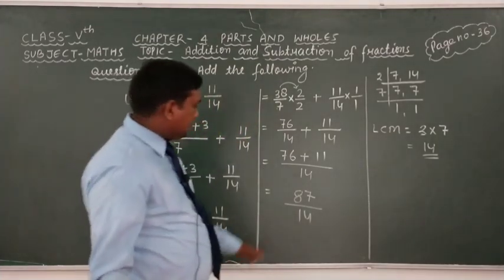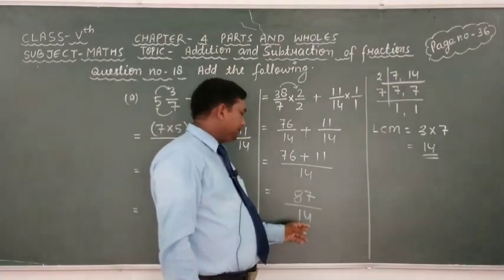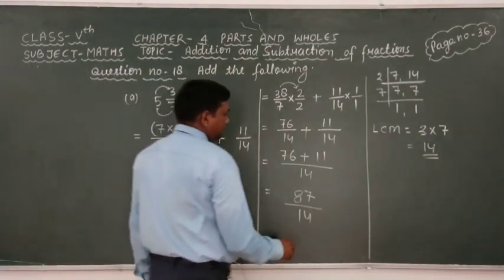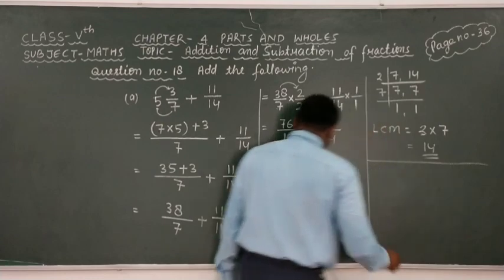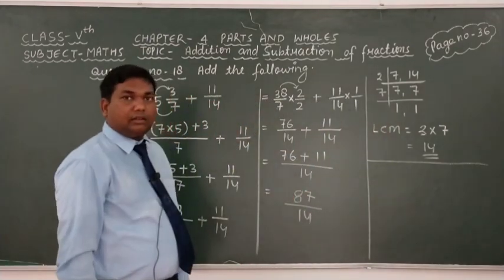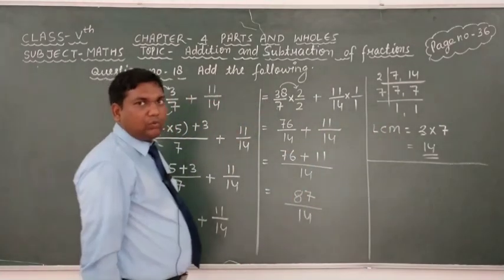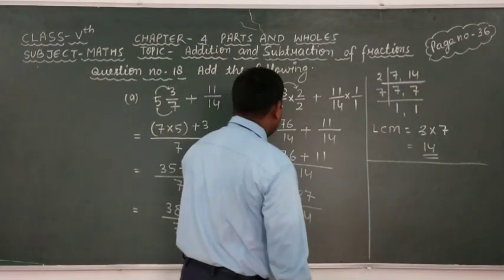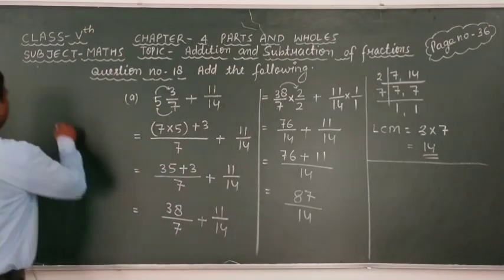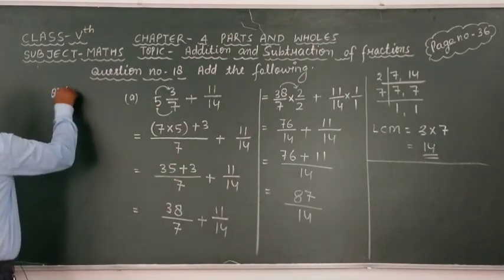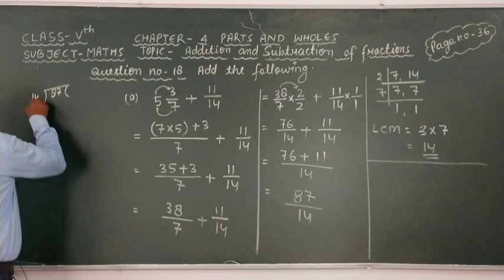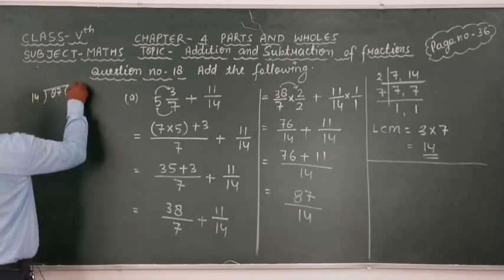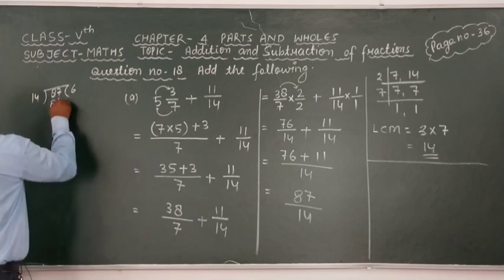This is an improper fraction, therefore it can be changed into a mixed fraction by dividing 87 by 14. 14 sixes are 84.